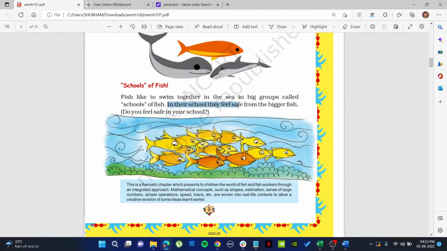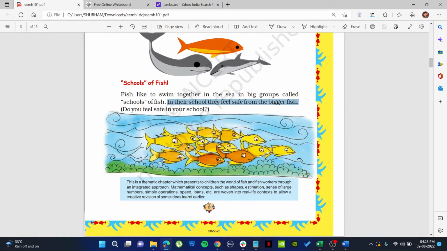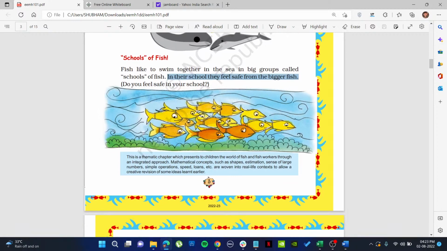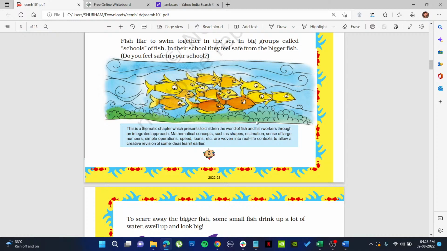In their school, they feel safe from the bigger fish. See, here we can see all the fishes are traveling in big groups. And when they swim in big groups, they feel safe. And they also believe that unity is a great power. Unity is power.